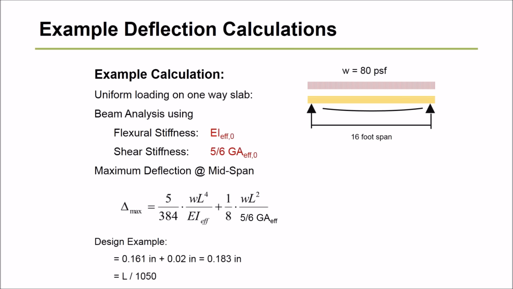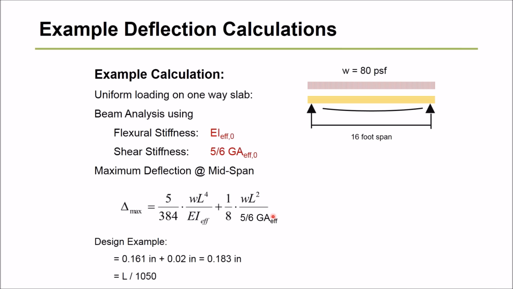So going back to our 16-foot example and our 80 pounds of dead and live load, let's check our deflections for that one. We can get our flexural stiffness and our shear stiffness, in this case, from the PRG 320 values, and plug them into a beam deflection equation, including shear deformations explicitly.